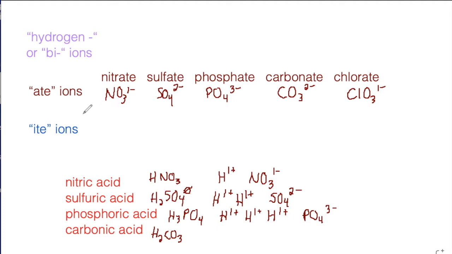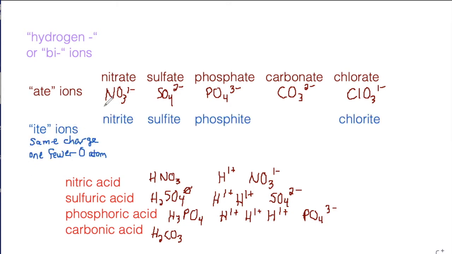Once you have the -ate ions, then you can make the corresponding -ite ions. The way you do the -ite ions is remember that they have the same charge, but they have 1 fewer oxygen. Nitrite is like nitrate, but it has one fewer oxygen. It has the same -1 charge, NO2 with a -1.